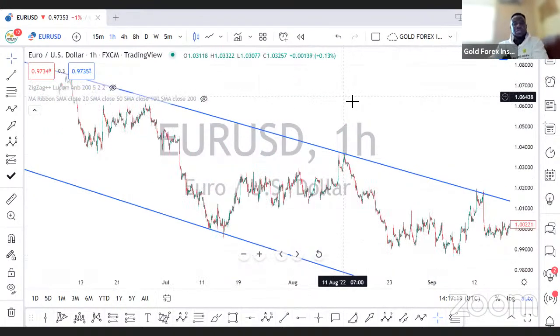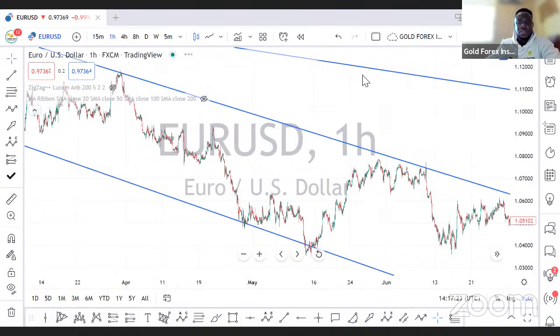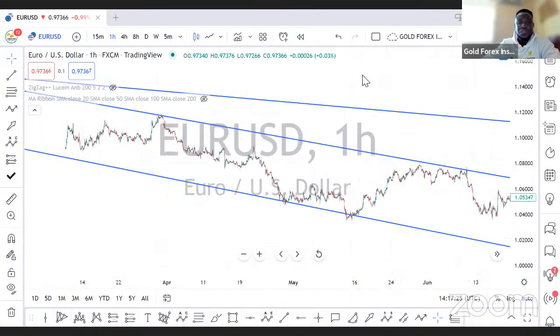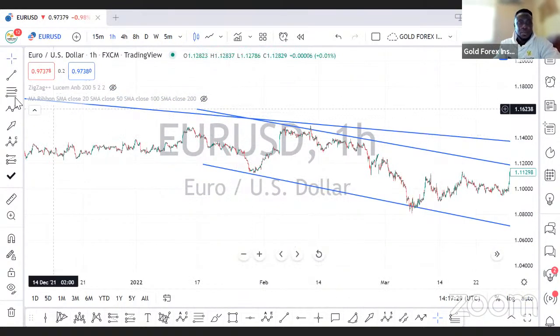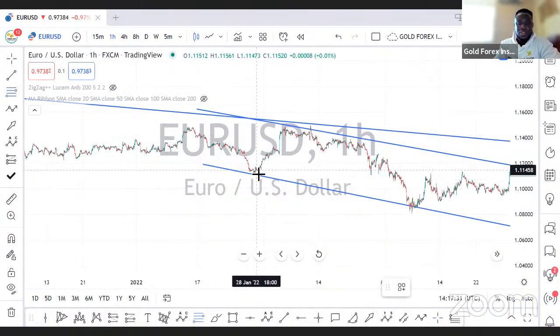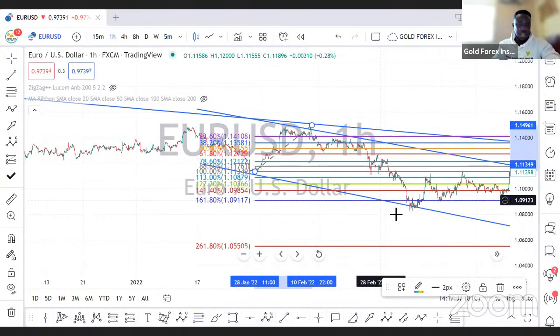Now, let's look at something from here. I'm just going to use Fibonacci ratios to do all these things. Now, when I put my Fibonacci ratio from here, right, to here, okay? Now, look at what happened. It ended at 161.8, right?